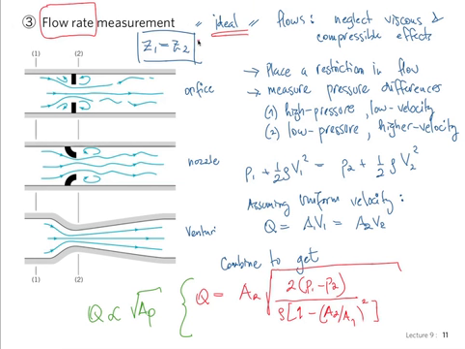In the ideal approximation, we can find the flow rate just by looking at the pressures and knowing the difference in area between the opening and the rest of the pipe. But in a real case, we can adjust this a little bit to account for losses.